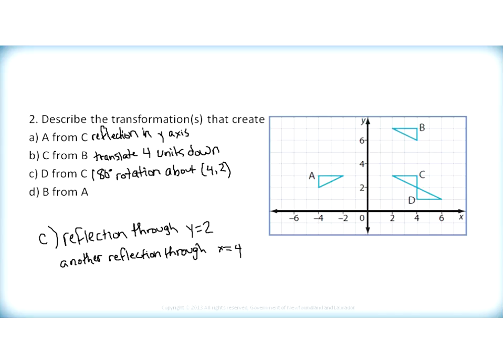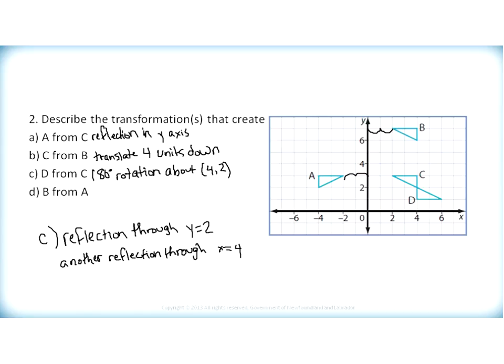Okay, so lastly I want to find out how I get B from A. So notice that the sharpest point in the triangle in A is pointing to the right, whereas that same point is pointing to the left in B. And also notice that A is 2 units to the left of the y-axis, and B is 2 units to the right.